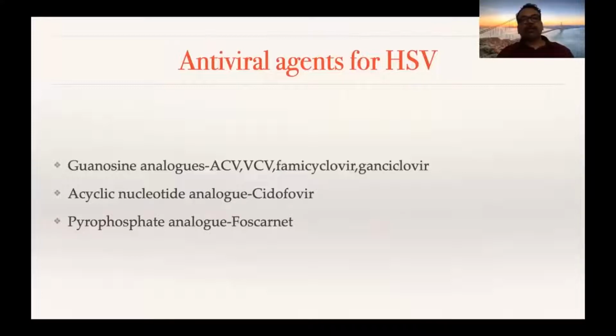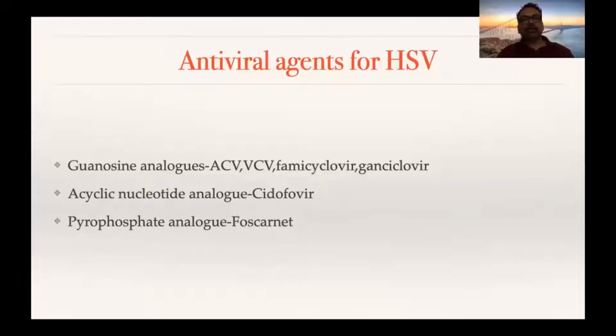Valacyclovir is another prodrug which has better bioavailability. Ganciclovir is also another guanosine analog, which has a broader spectrum because it is phosphorylated not only by viral thymidine kinase but also by other mediators.